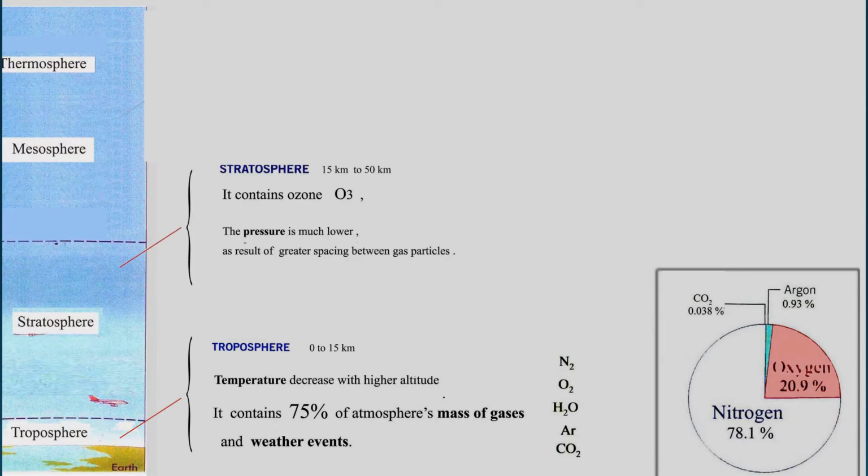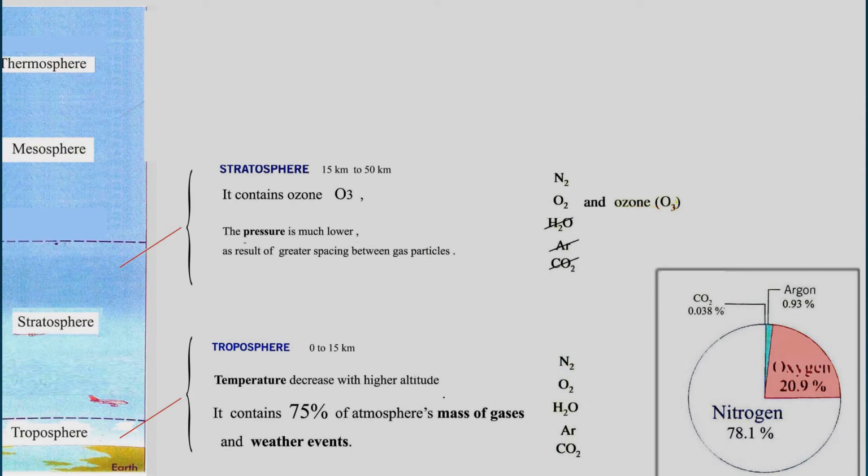Once you pass into the stratosphere, the layer will be very different. This place is where the ozone is, and the gas is much thinner.